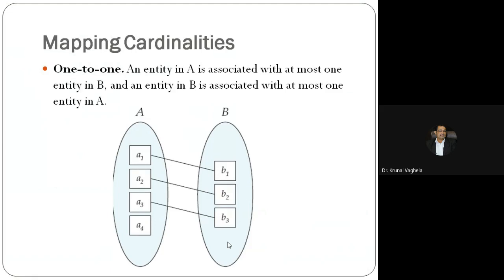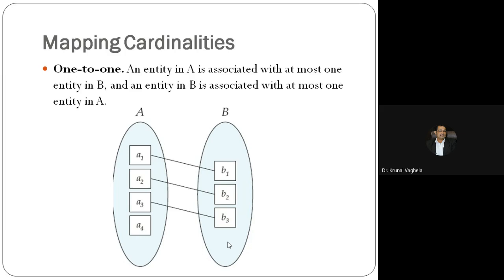So by the figure you can see that if you have two entity sets, in simple words, two tables with some records, how many entities of entity set A are related with how many entities of entity set B?